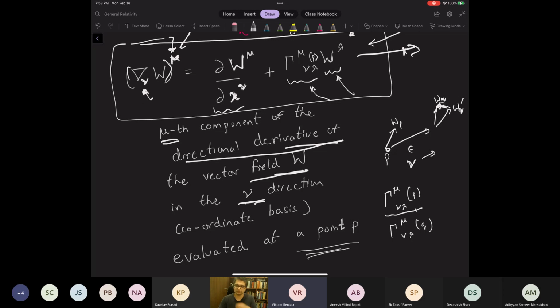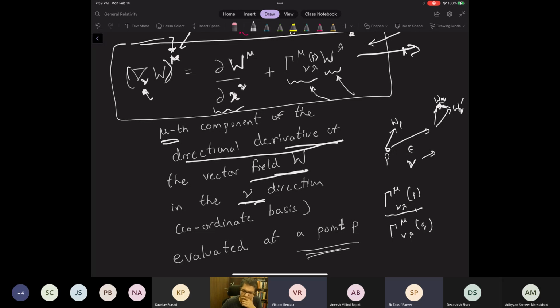Any more questions? Sir, if we parallelly transport a vector from P to Q, then the gammas are evaluated at P before taking the limit.